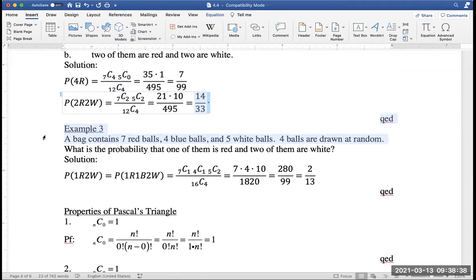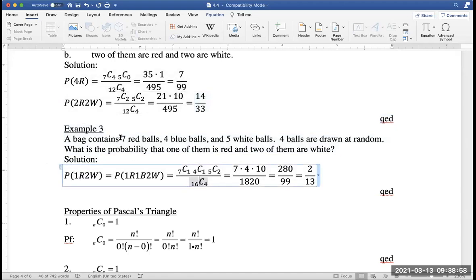A bag contains 7 red balls, 4 blue balls, 5 white balls. 4 balls are chosen at random. What is the probability that one of them is red and 2 of them are white? So I want 1 red ball, 2 white balls.